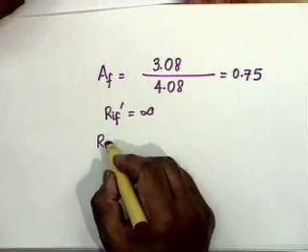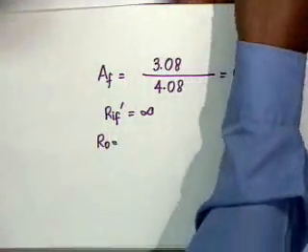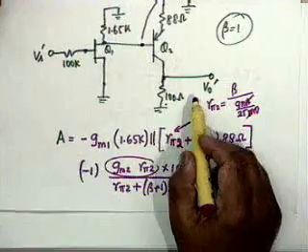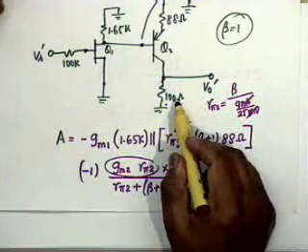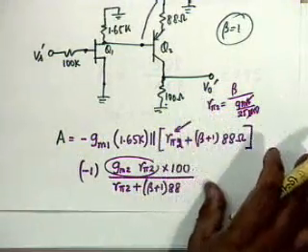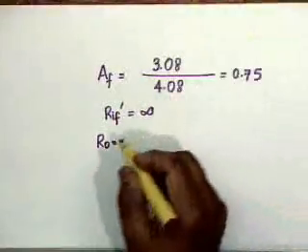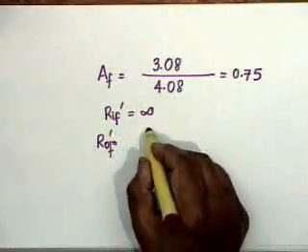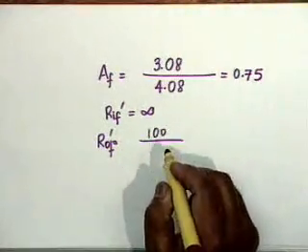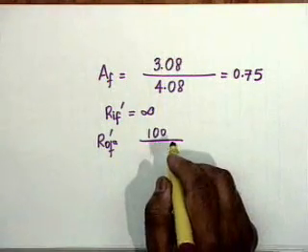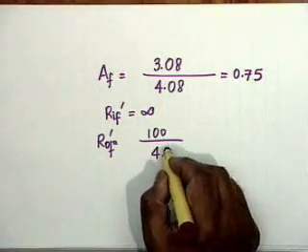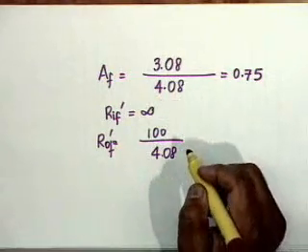My RO, that is without feedback, now look at the A circuit. What is RO? RO is 100 ohms, and therefore this shall change. Now ROF prime would be 100 ohm divided by how much? 4.08. 1 plus A beta we have already found out.